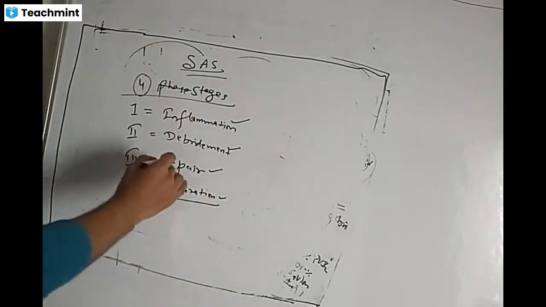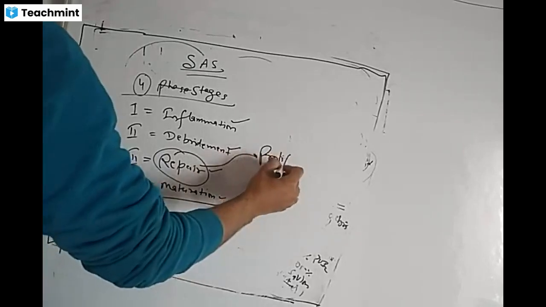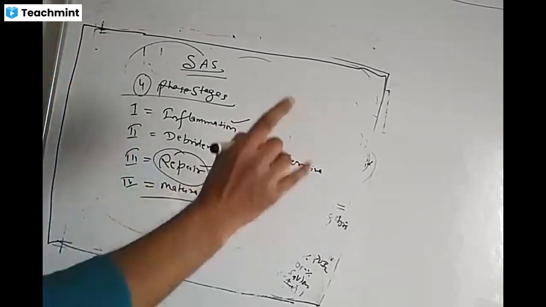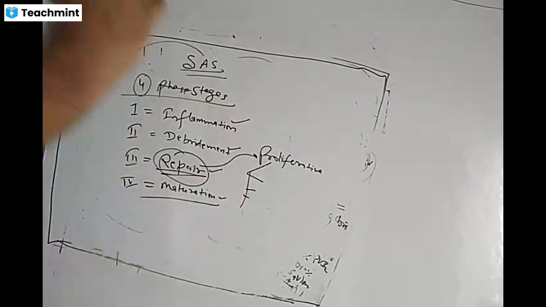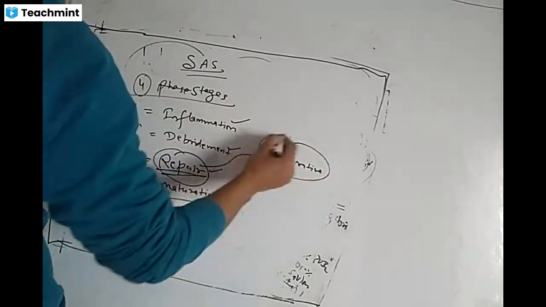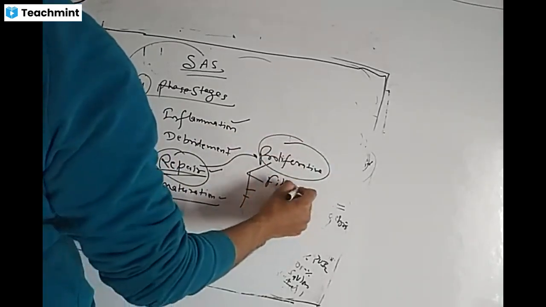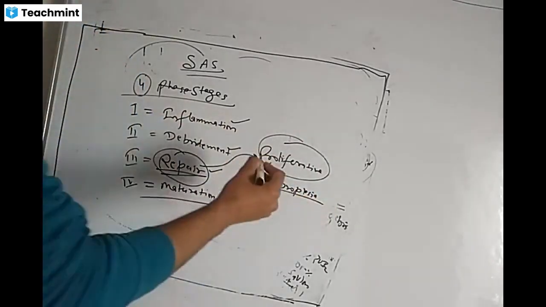In some books, this repair phase is written as proliferative, because there are three subphases in this repair, and in those there is proliferation. For example, there may be fibroplasia, meaning fibroblasts are multiplying and proliferating.